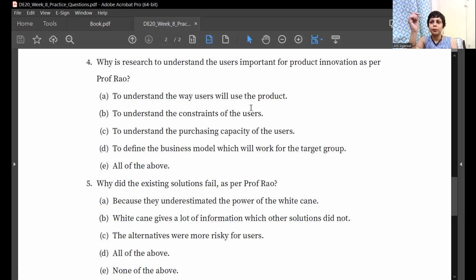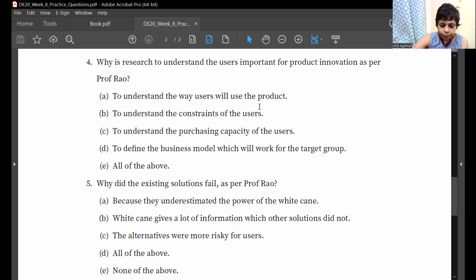So I use the pencil without the lead to puncture it and open it, right? So many times the product is used in ways in which the designer did not even envision it to be used. And it may be good or bad, by the way. Maybe a good improvement, it may not be a very good improvement.